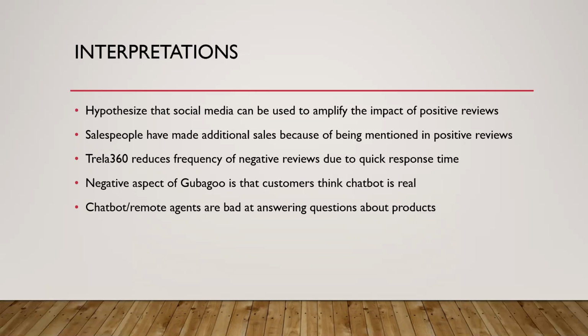One of the negative aspects of Gubagoo that I've heard from the salespeople is that while I mentioned in my paper that it's a good thing that people think that Scarlett is a real person, a lot of the customers believe Scarlett's a real person.